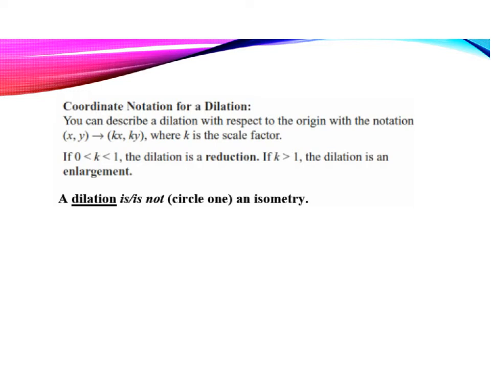Therefore, the side lengths change and it does not meet the definition of an isometry. An isometry preserves the length measurements and the angle measurements, and in a dilation, that length is not preserved. So on this one, just circle is not.